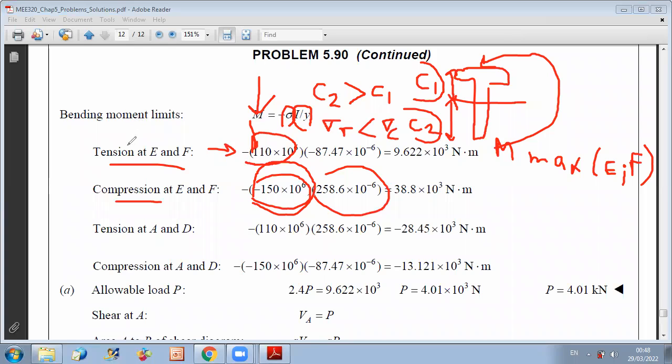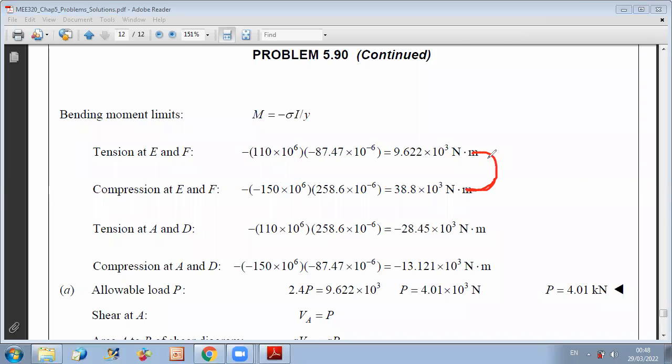case is for tension. You should select the minimum between these two. And M is the product of sigma times I over Y. I is for the whole section, the same in calculation of tension and compression. But for tension you will take I over Y bottom, so you'll take C2, and for compression you will take C1.